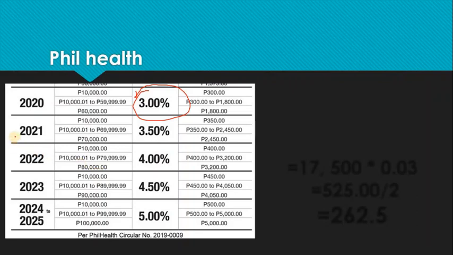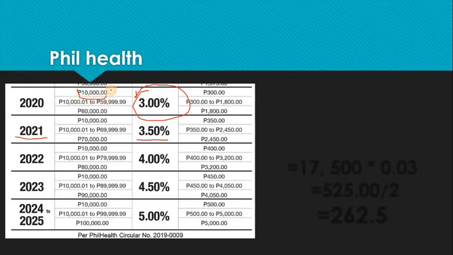So for next year, 2021, this is 3.5%. So you can observe an increase of 0.5% to your contribution to PhilHealth. And take note, this scheme is the premium PhilHealth scheme, meaning it is from 10,000.